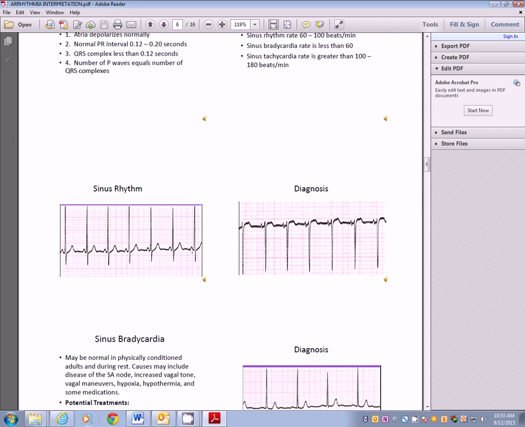Yes. Do the P waves all look the same? Yes. Is every P wave followed by a QRS complex? QRS, QRS, QRS. Yes. Are the QRS complexes present? Yes. Do the QRS complexes look the same? Do they have the same shape?